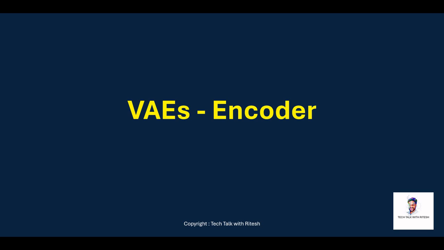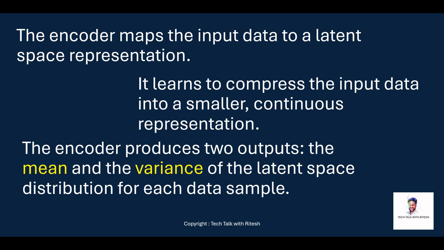Okay, the next concept is the VAE encoder. So we know the VAE components are encoders, decoders, and latent space. So what is latent space? Let's see the encoder. The encoder maps the input data to a latent space representation. Okay, so we have the latent space where lots of recipes are there.